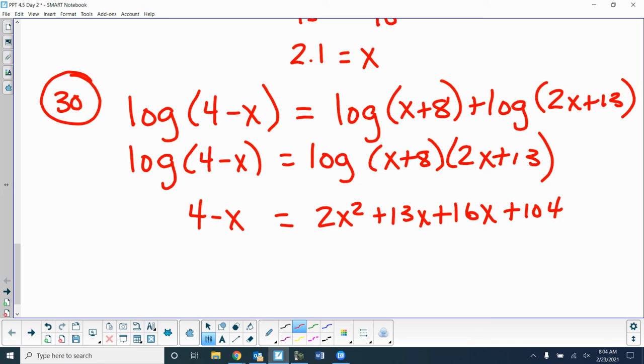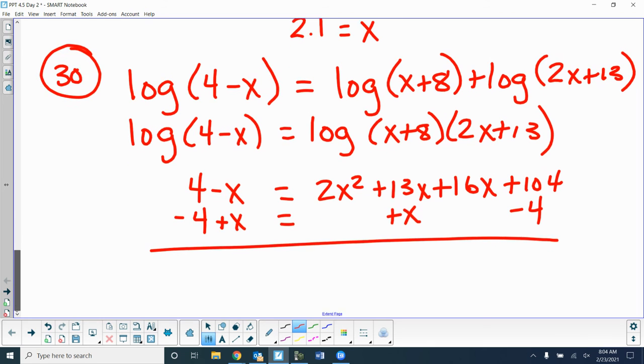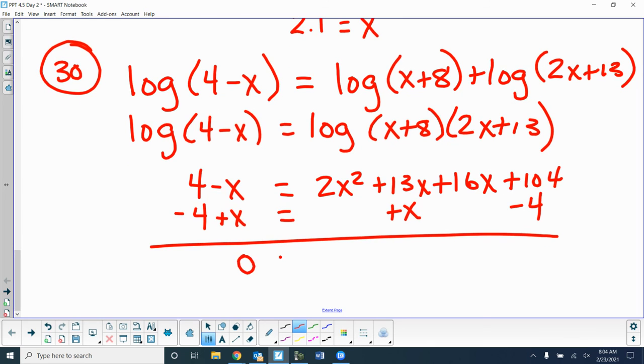Okay, since it's a quadratic, I've got to set it equal to 0. So I'm going to take the 4 and the x over to this side. So I got my 0, my 2x squared, 13 and 16 is 29, and 1 is 30 for the x, and 104 minus 4 is 100. Okay.